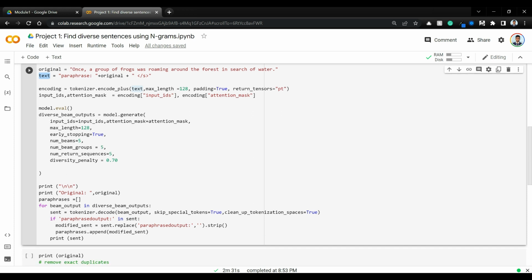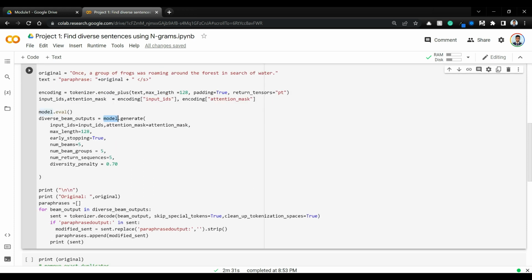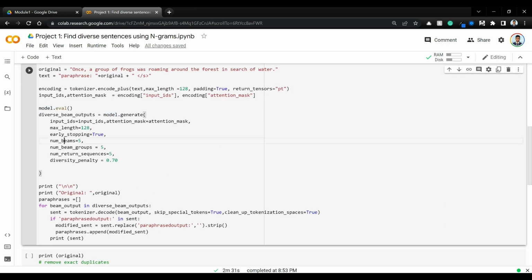You just need to understand the input and output. And what we are going to do is pass this text that is tokenized to the model to generate output. And what happens is that we are going to generate 5 different outputs. This is called text decoding, where we are using beam search, etc. Not directly relevant to us at the moment, but all you need to do is just run this cell.